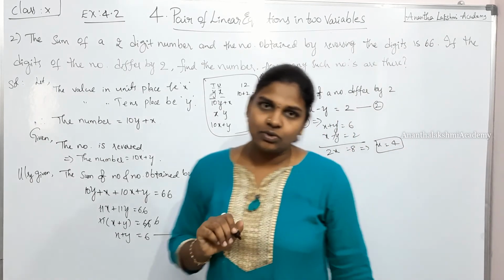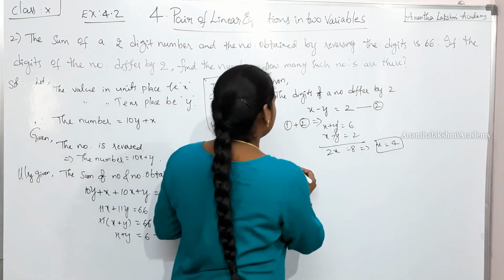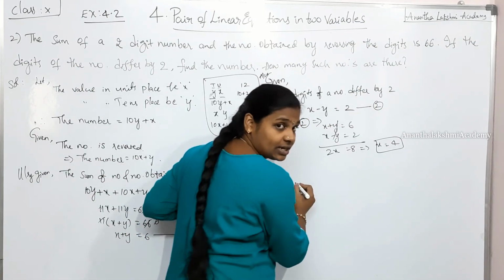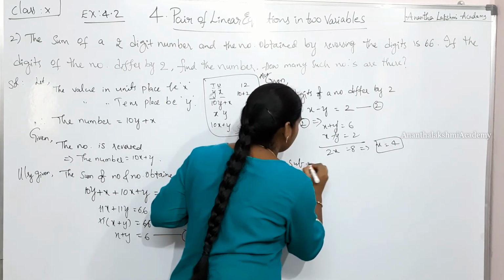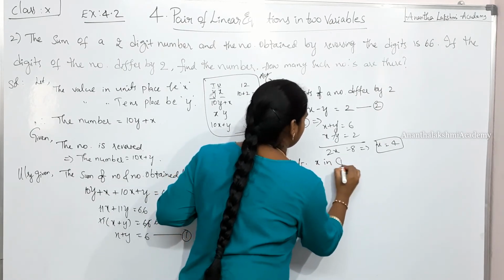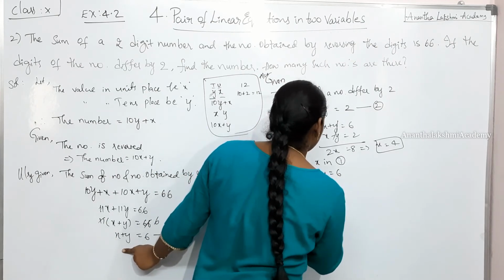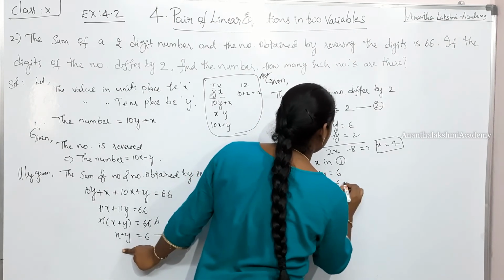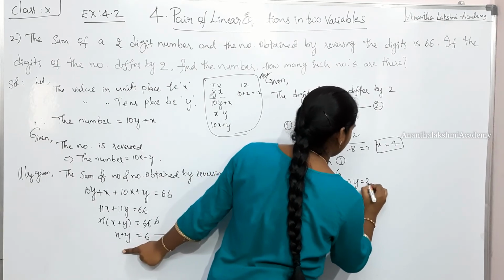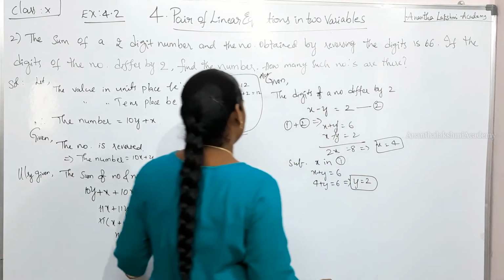Now that we know the value of x, what is the value of y? How do we figure that out? Substituting x in equation 1, x plus y is equal to 6, 4 plus y is equal to 6, which implies y is equal to 6 minus 4, and this is 2.